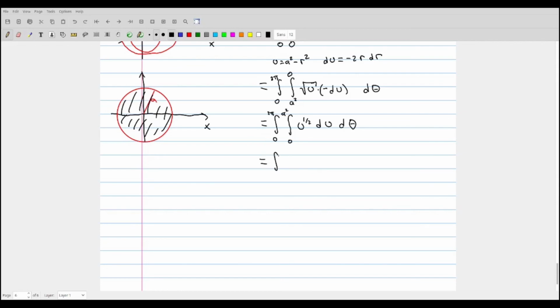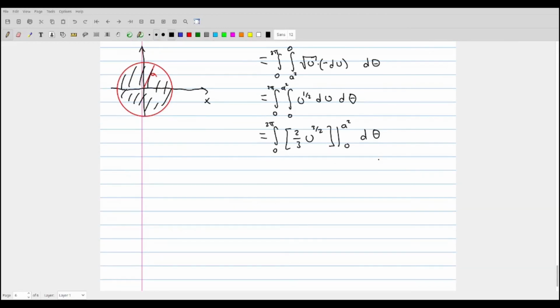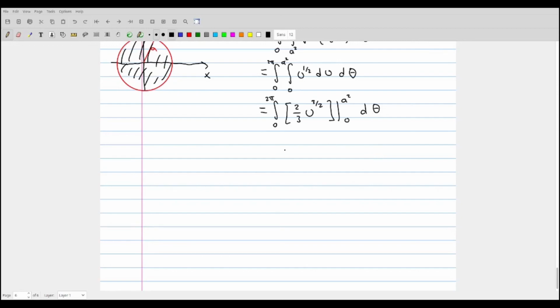So this integral then is equal to the integral from 0 to 2 pi. The antiderivative of u to the 1/2 is going to be 2/3 u to the 3/2 from the bound a squared to 0. That's the inner integral. And when you plug in the bounds here, when you plug in 0, it gives you 0.